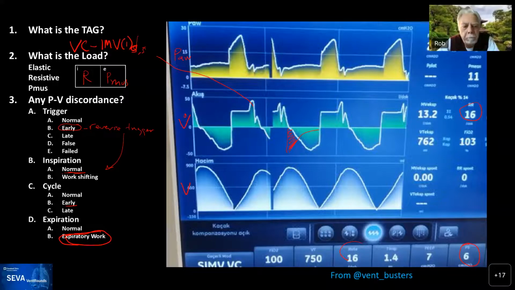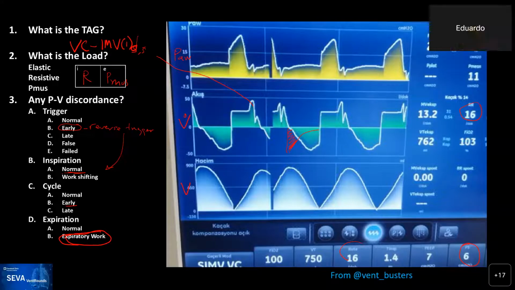Any other comments? Again, the implementation of dual targeting is very different across platforms. So there are platforms that do dual because they see a presence of patient effort, and there are other modes that do dual to limit the amount of pressure delivered or when the tidal volume has not been delivered.